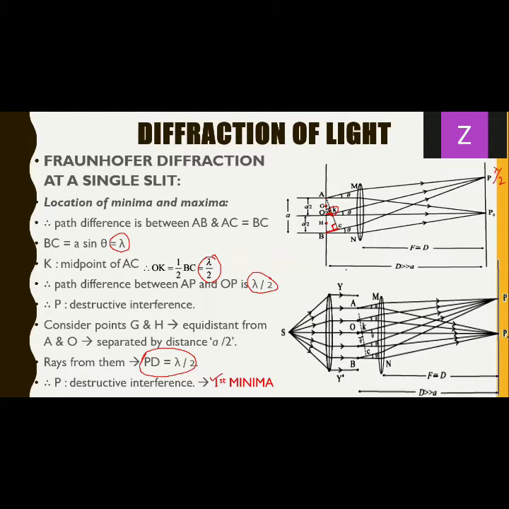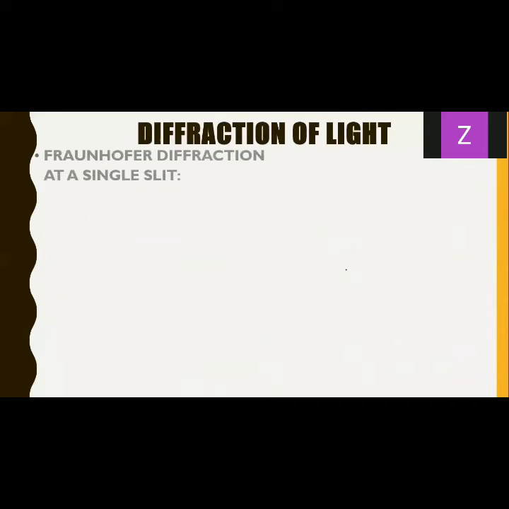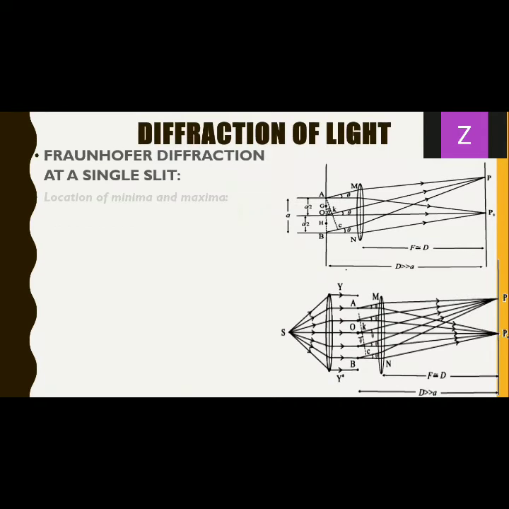If we go on considering the multiples of it, maybe 2 lambda, 3 lambda, 4 lambda, so on and so forth, n lambda, multiples of lambda, what we will have? All the points, they will be dark. Means what? We will get the destructive interference over there.